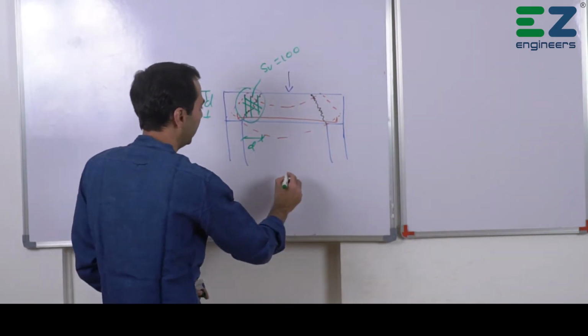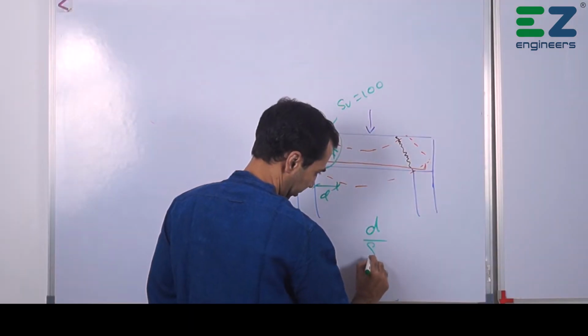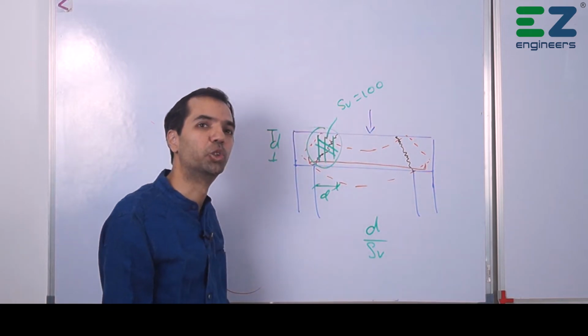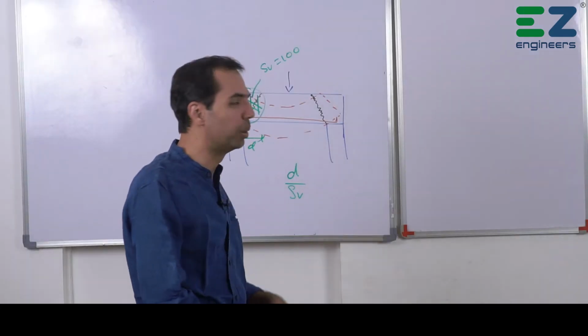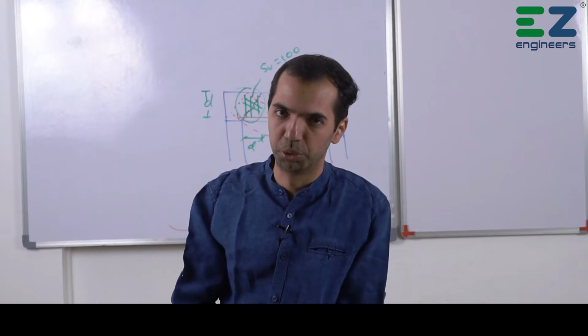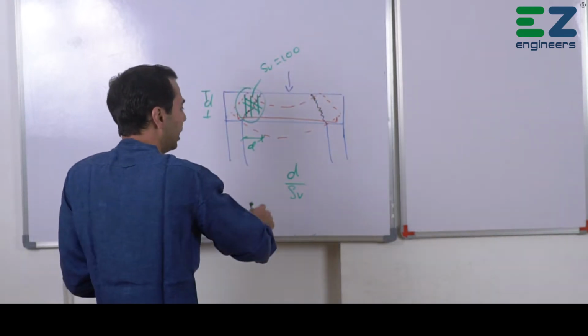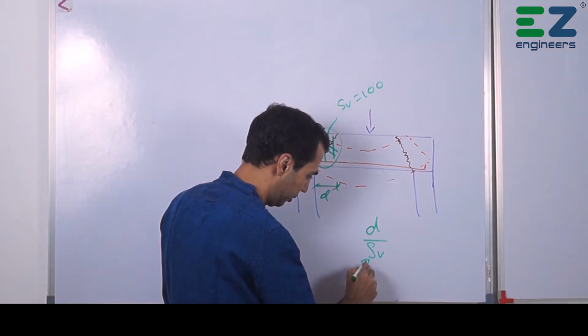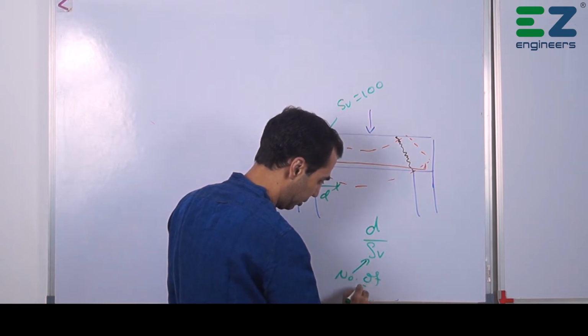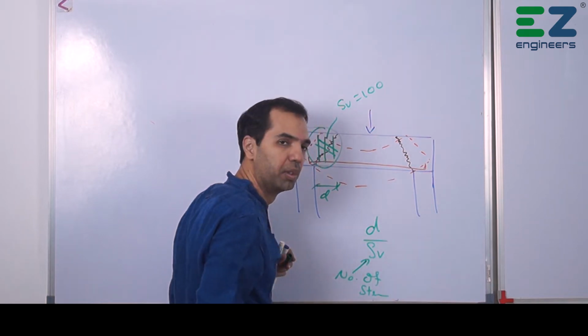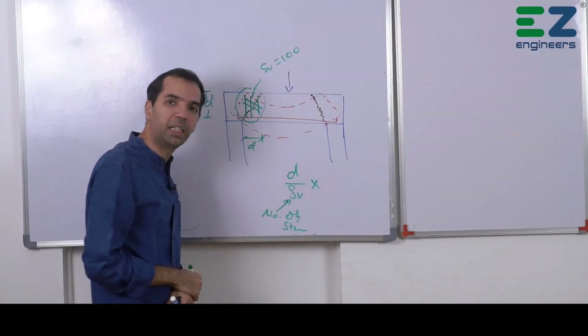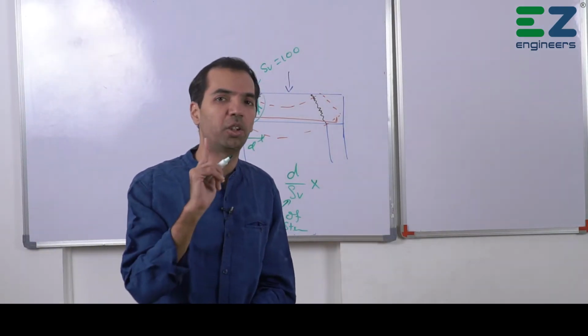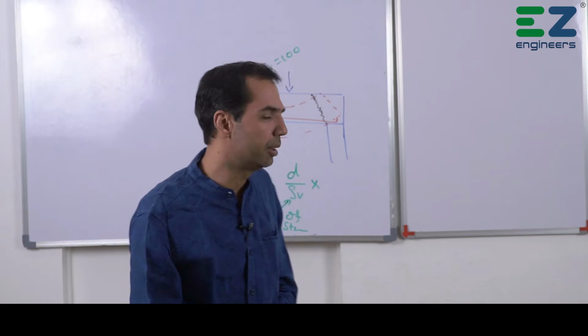So the number of stirrups will be d by Sv. This formula you may have seen in the codes and textbooks. These are the number of stirrups, multiplied by the strength of one stirrup. What is that?